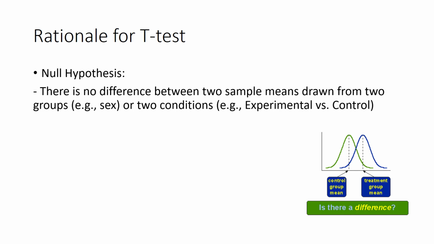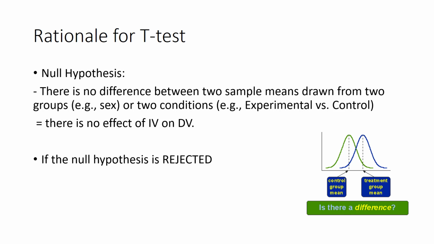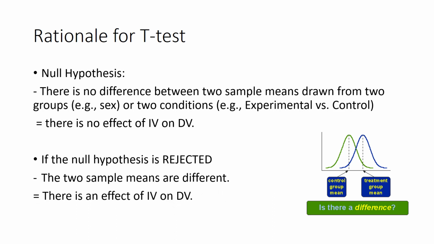In other words, there is no effect of independent variable on dependent variable. Most of the time, you want to reject the null hypothesis because you want to show with your data that the two sample means are different and there is an effect of your independent variable on dependent variable.